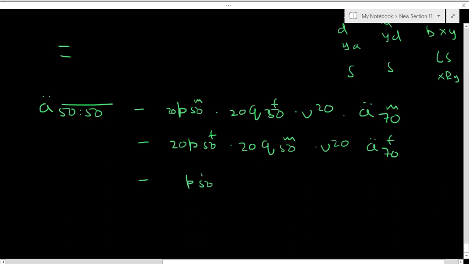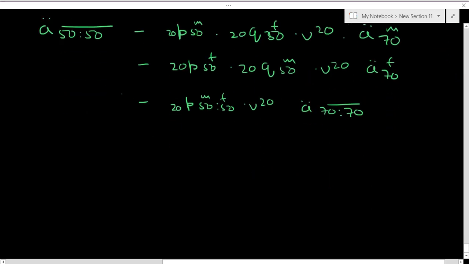So 50M 50F, both of them survive for 20 years. Obviously v to the power of 20 and A due 70 70. So that is how you can divide it into three parts and calculate.